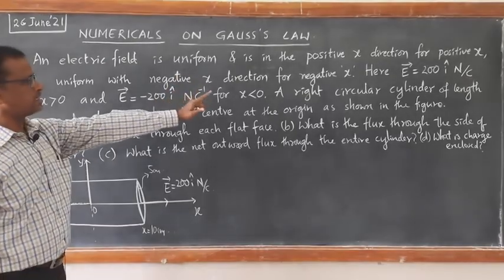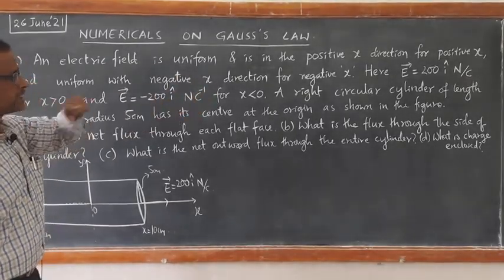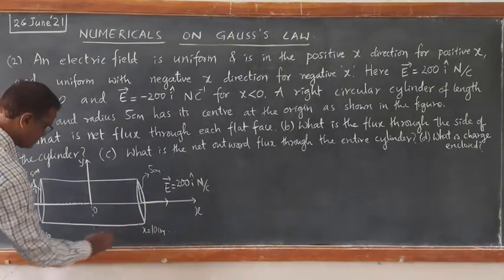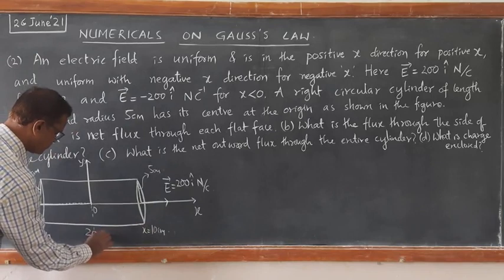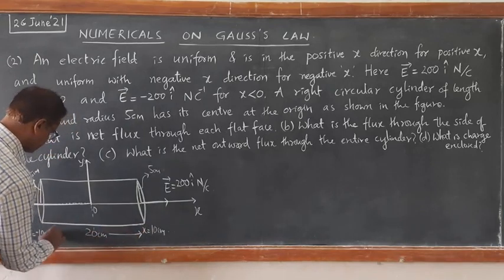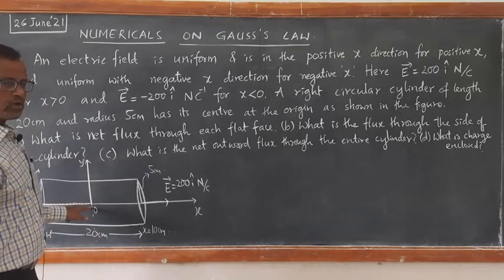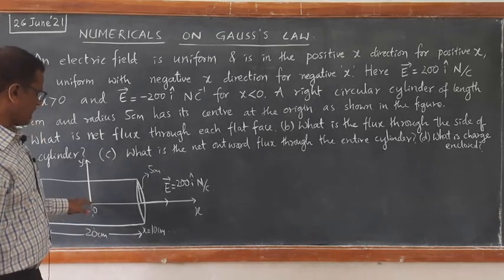Now consider there is a right circular cylinder of length 20 centimeter. You can see the length of this cylinder is 20 centimeter. It is placed in such a way that its geometrical center is at the origin.